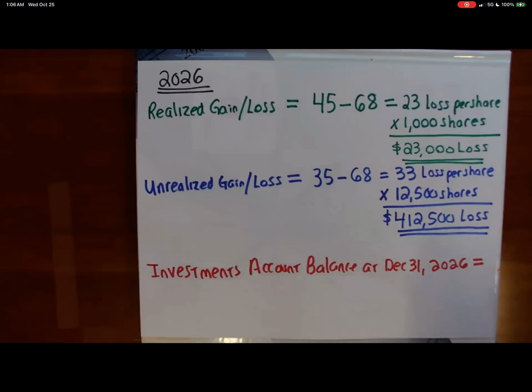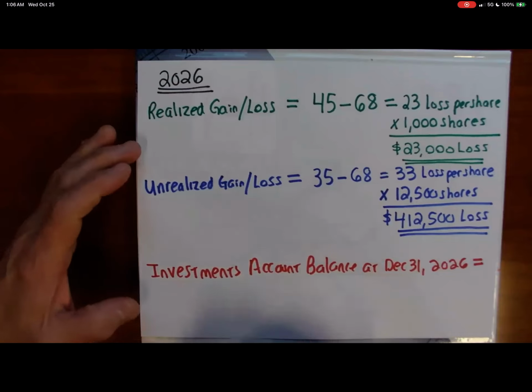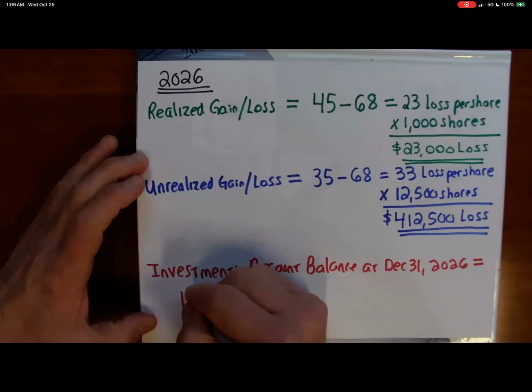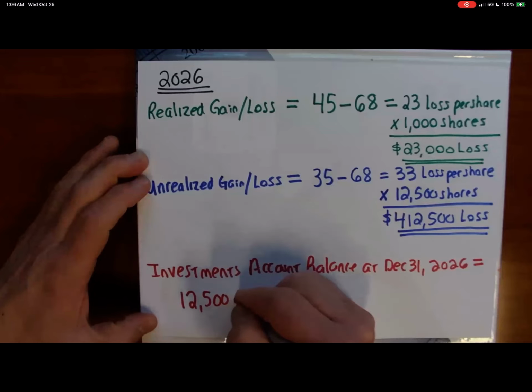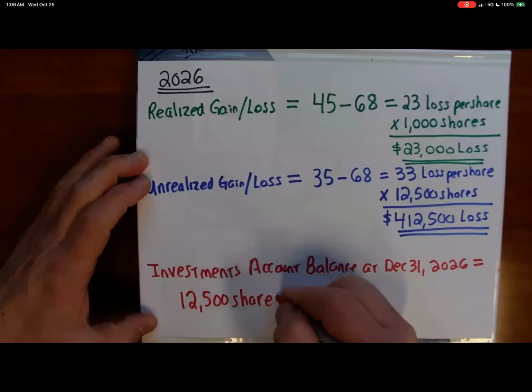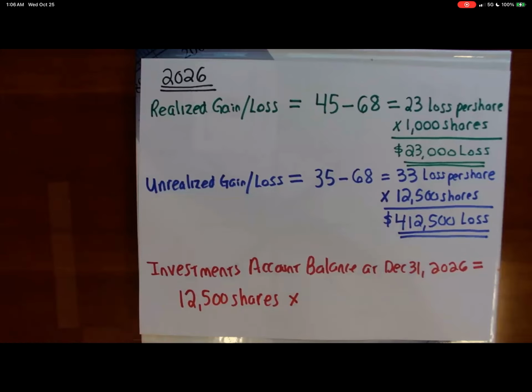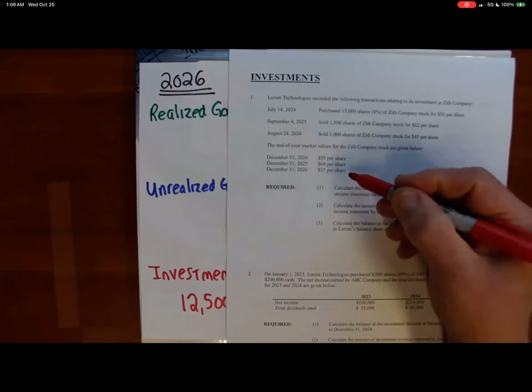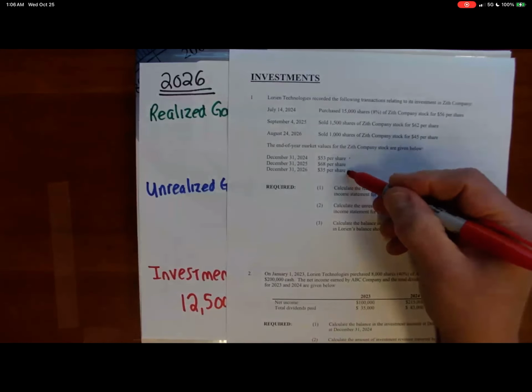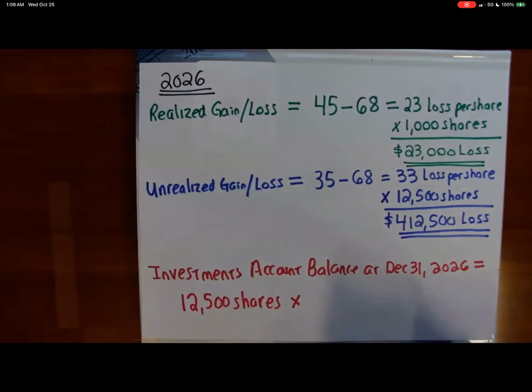The investments account, when we own less than 20%, is shown at its current value. And as of December 31, 2026, we've already established 12,500 shares. And at that date, the market value was $35 a share.